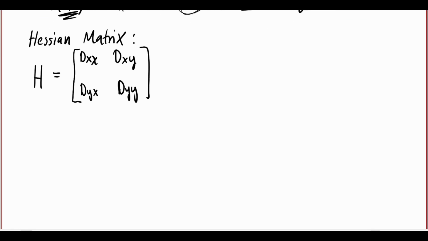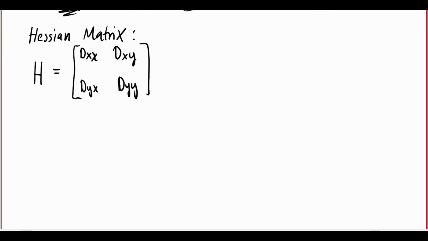The thing with this Hessian matrix is that we can use it in a test to find out whether the critical point is a maximum, minimum, or a saddle point. In order to do that, we have to compute the determinant of this Hessian matrix. The determinant of a matrix is multiplying these elements with each other and then subtracting the multiplication of these two elements.